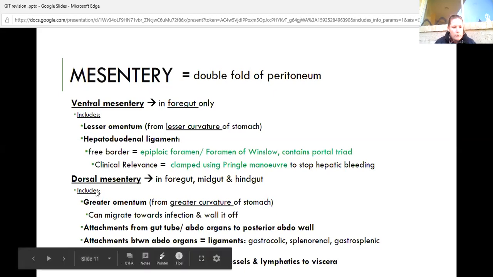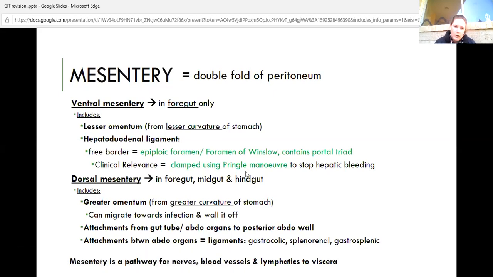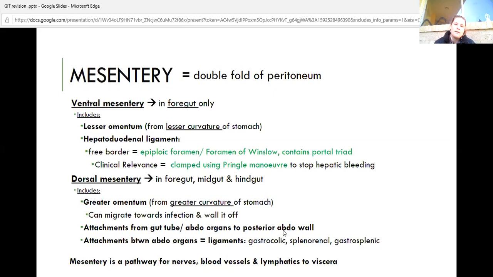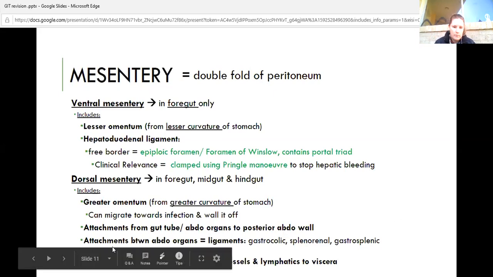And then there's also dorsal mesentery, which is throughout the whole gut tube, and that includes your greater omentum from the greater curvature, so that makes sense. It's a massive fatty structure that can migrate towards infection. There's also mesentery that attaches the viscera to the posterior abdominal wall and between abdominal organs.